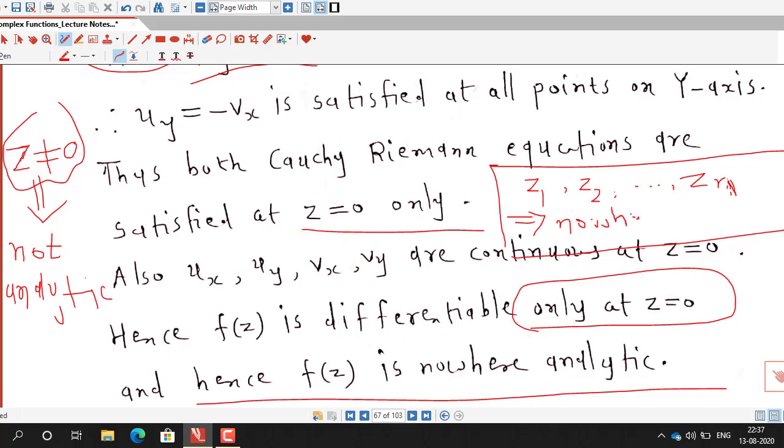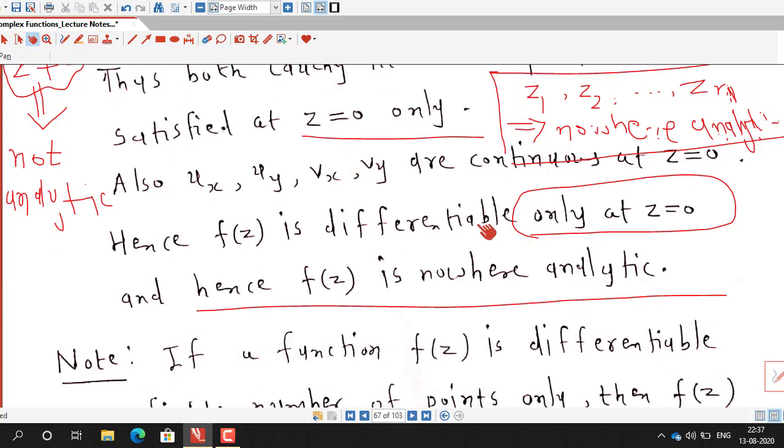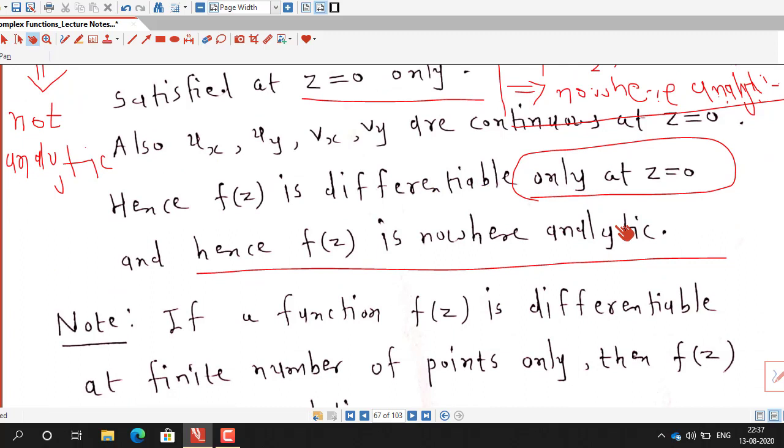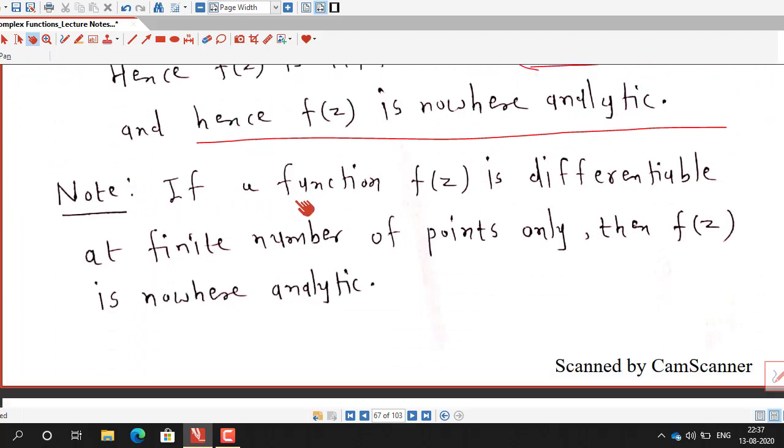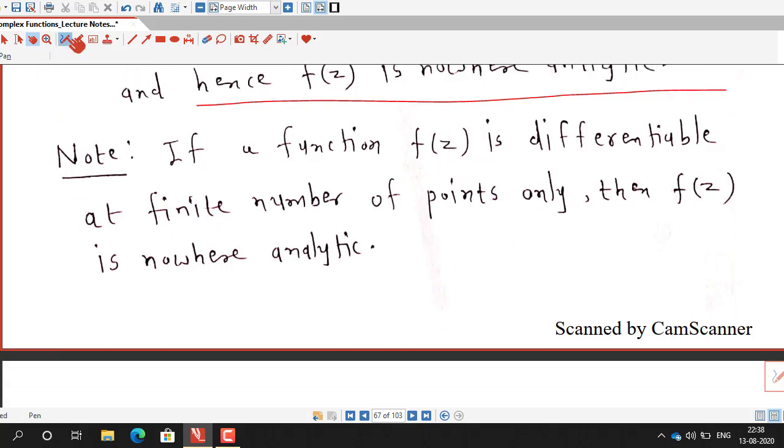It can never be analytic. So here function is differentiable at only one point, therefore function is nowhere analytic. Okay, here we have written that note: if a function f of z is differentiable at finite number of points only, then f of z is not analytic. Okay, we can visualize in this way also.